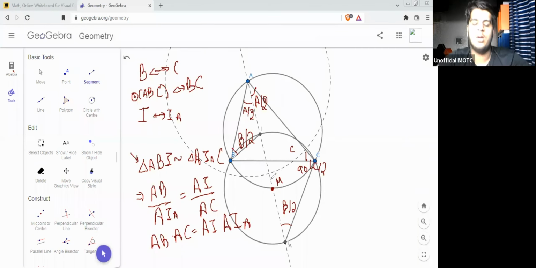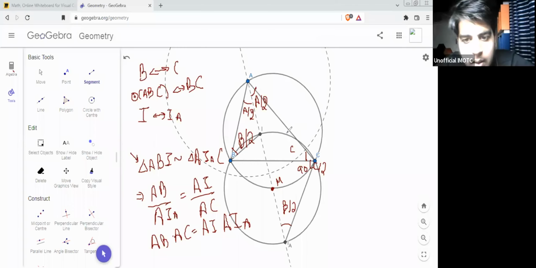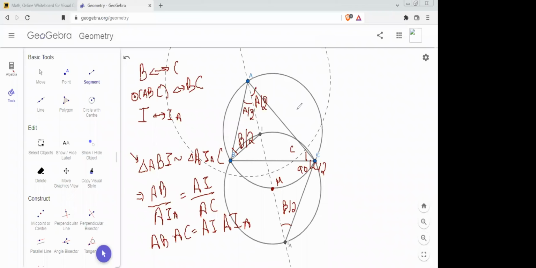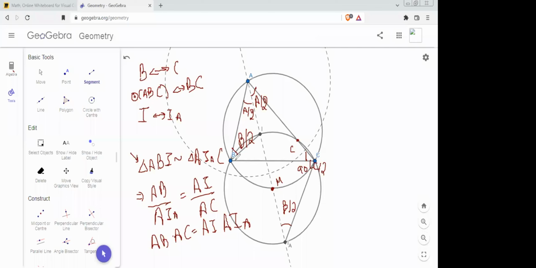So with the help of this, we can see that circle BIC intersects AC at, say, B dash, then B dash is the reflection of B about AI. Can you say that again? If you consider the point where BIC meets AC, that point is the reflection of B in AI.